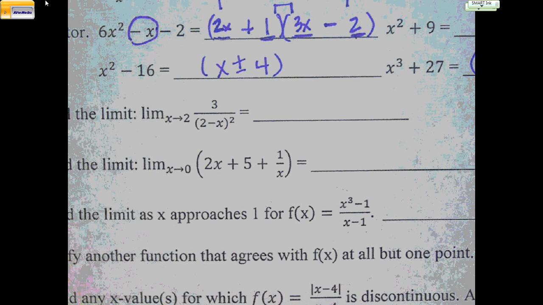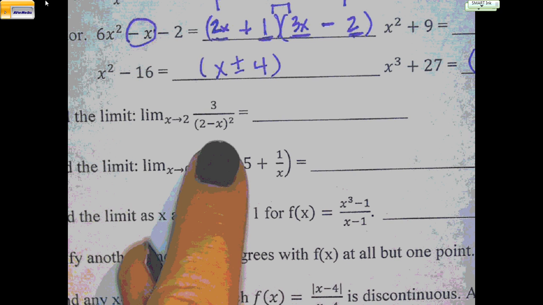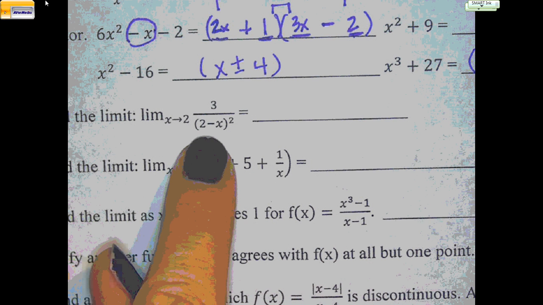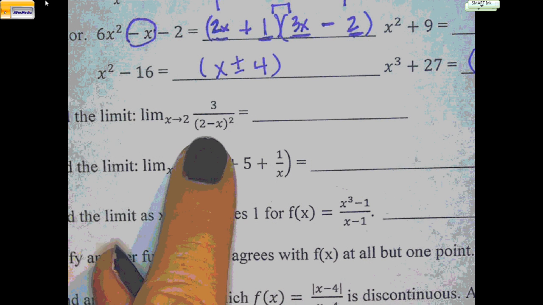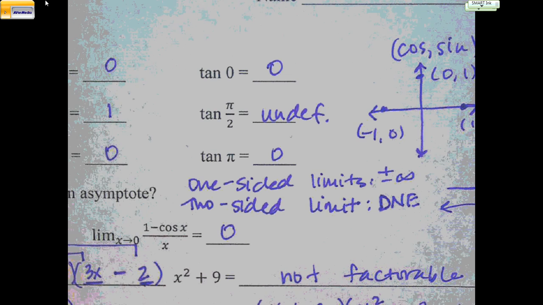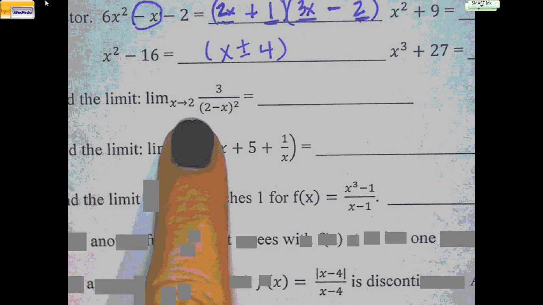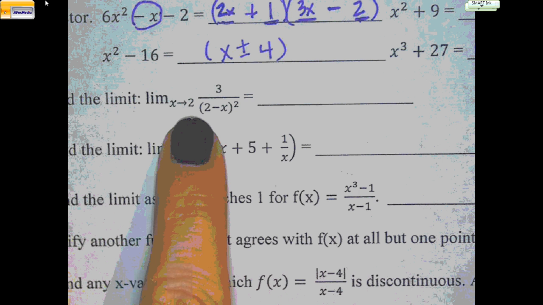Yeah, we didn't cancel anything out. Or another way is if you plug in a 2, you don't get 0 over 0, so it's not a hole. It's an asymptote. If that is an asymptote, that goes back up to number 2. Is it a one-sided limit or a two-sided limit? 2 sides, because it doesn't say we're coming from the right or the left. It just says 2 in general from both sides. So what's the answer? It does not exist.